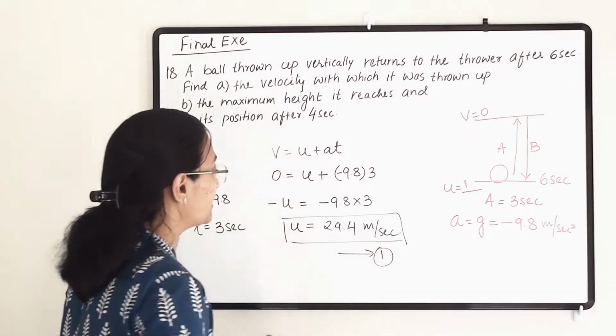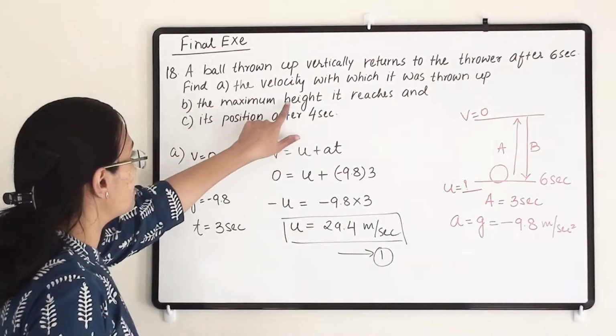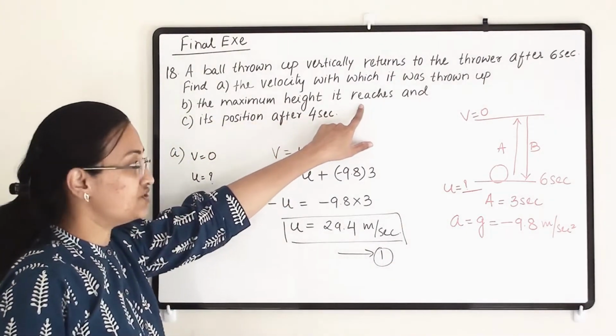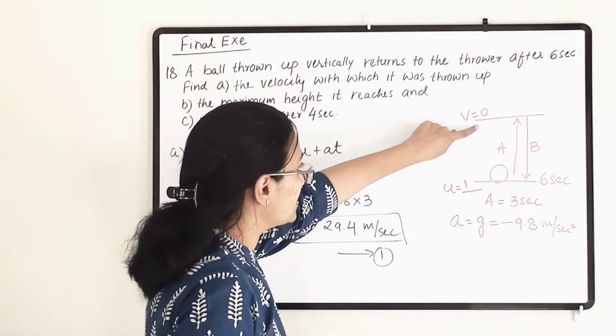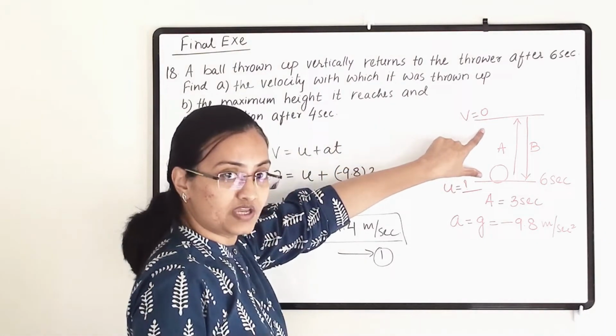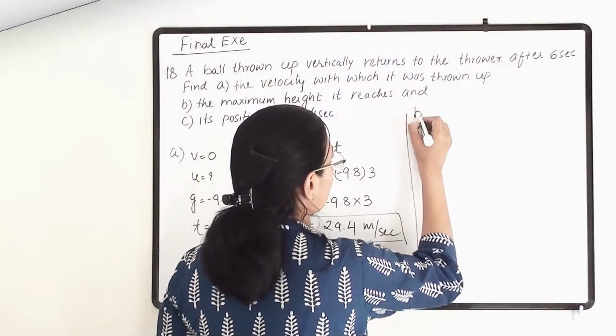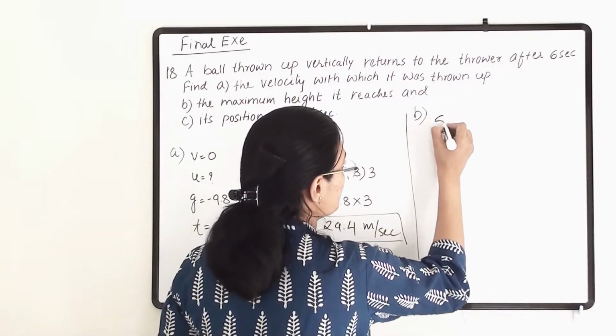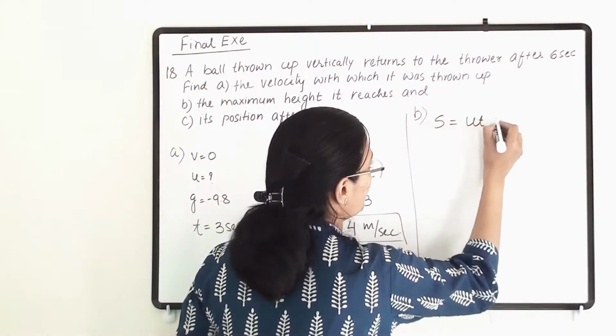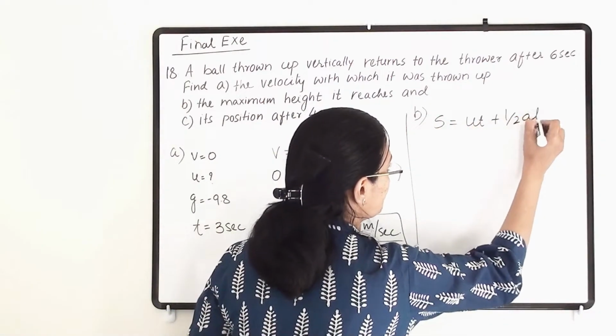Now we have to find out the second answer, that is the maximum height it reaches. So when we are throwing it upward, that path we are taking, and we are going to find out the distance. So for the B, we are going to find out distance, that s equals ut plus 1/2 at square.